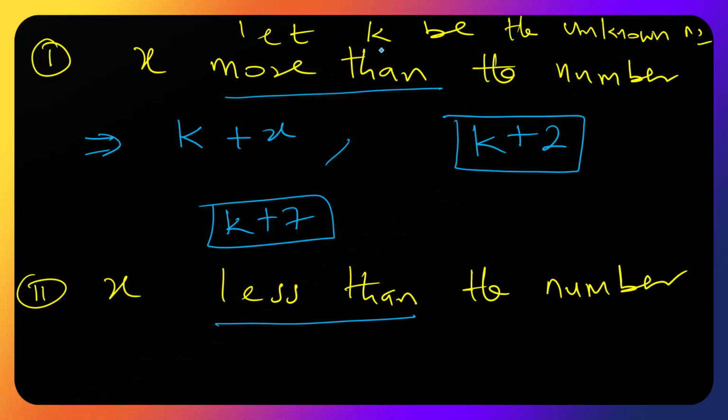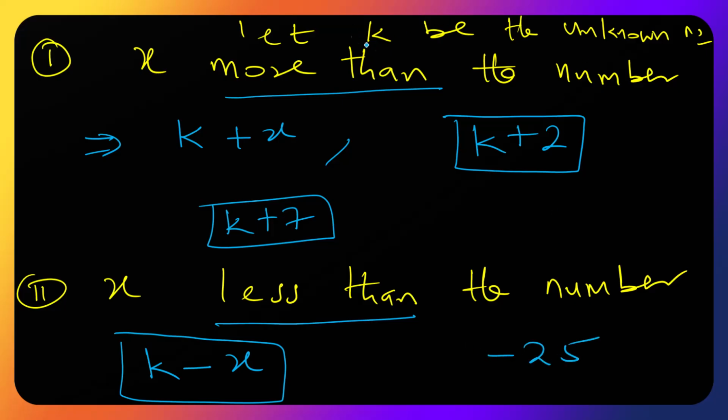Remember, we are using k for the unknown, so x less than will be minus x to the unknown. So this one is x less than the number. So 25 less than the number will be minus 25 to the unknown k. So we have k minus 25. That's the meaning of 25 less than the number.